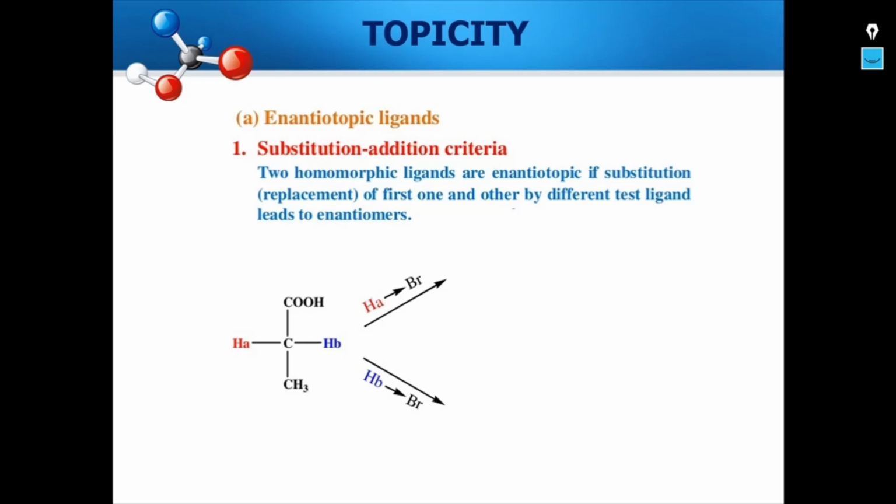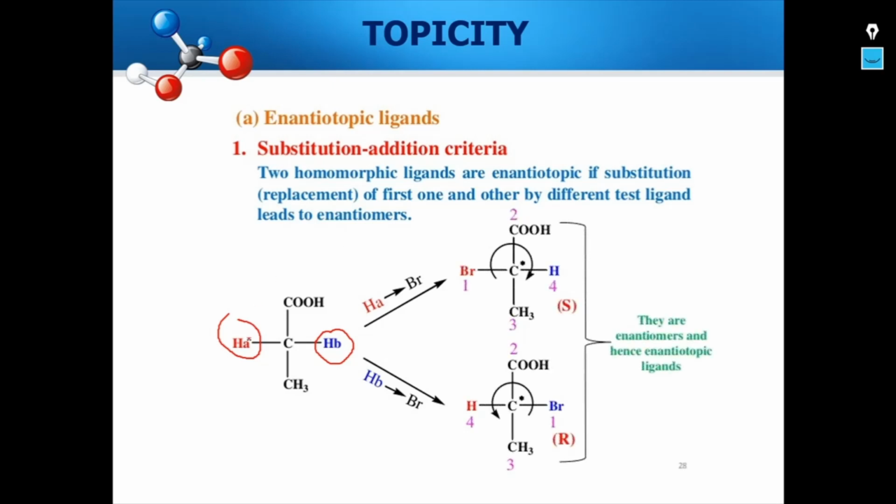Let us try to apply the substitution addition criteria to this particular molecule where we have two ligands HA and HB. Now these two ligands are homomorphic ligands or enantiotopic, if substitution of the first one and the other by different test ligands give rise to enantiomers.